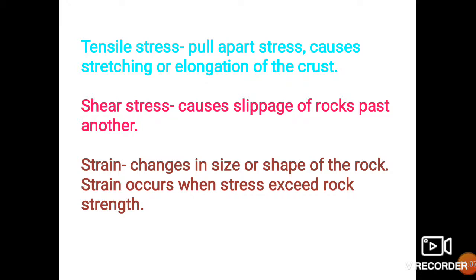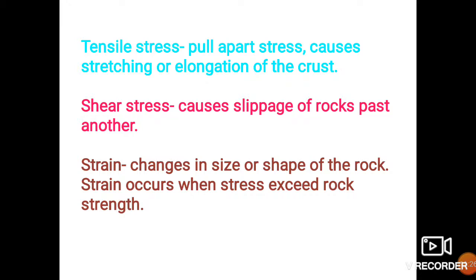The third type of differential stress is shear stress. It causes slippage of the rocks past one another. The rock gets slipped from its original position, and the responsible force is called shear stress.